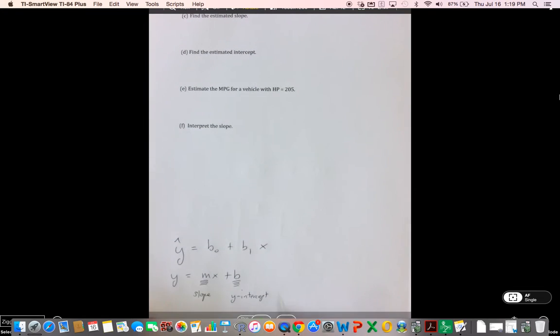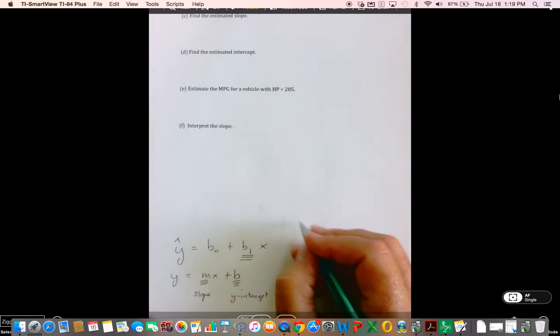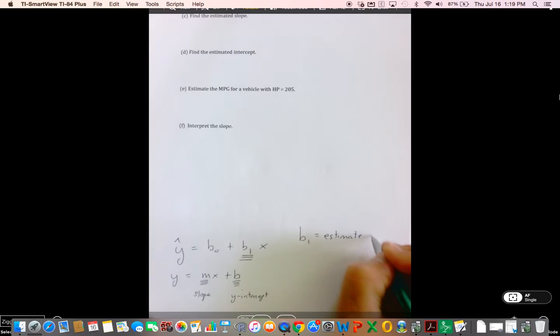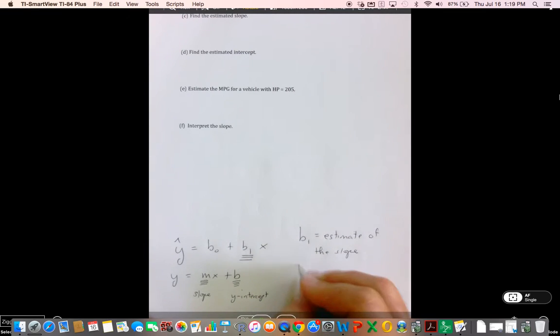Same thing, we're going to do the same thing here. The value that goes with the x is the slope. So guys, b1 equals the estimate of the slope, and b0 is the estimate of the intercept.